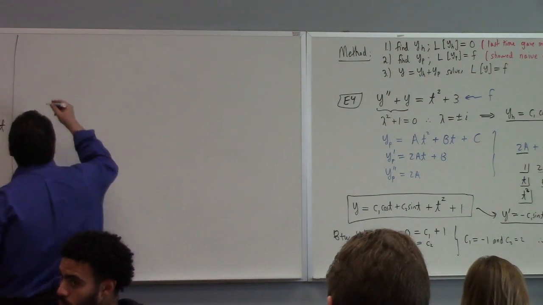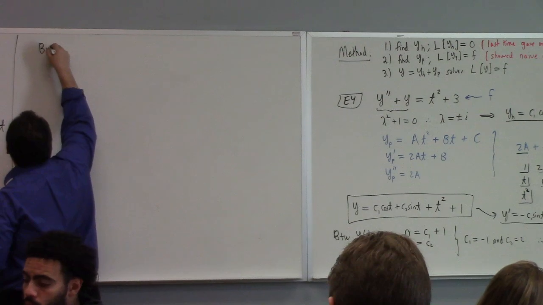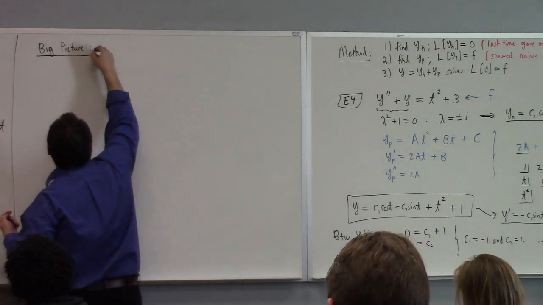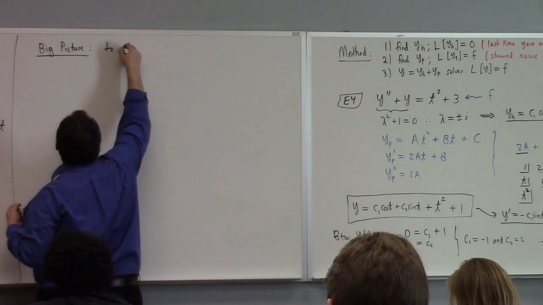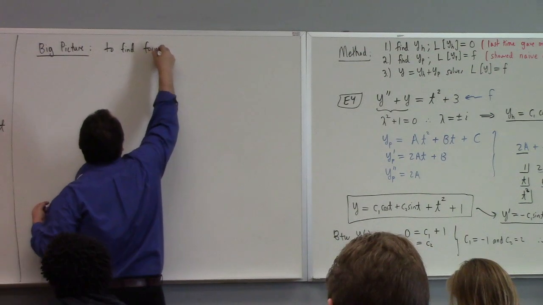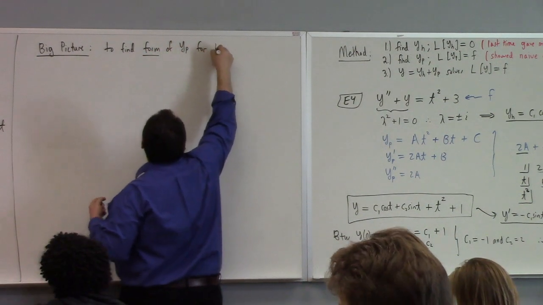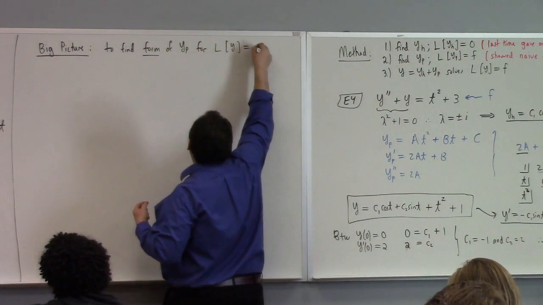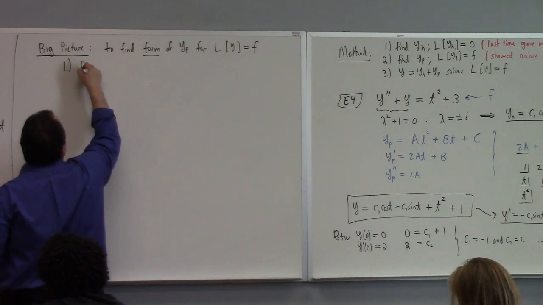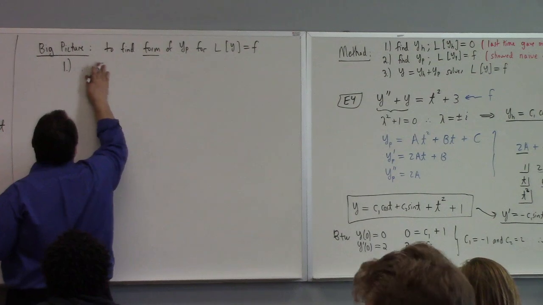Example 6. So let me just give a big picture before I get into example 6, though. Big picture. Here it is. To find the form of yp for L of y equals f. Step number 1, factor. Well, this isn't really step number 1, my bad.